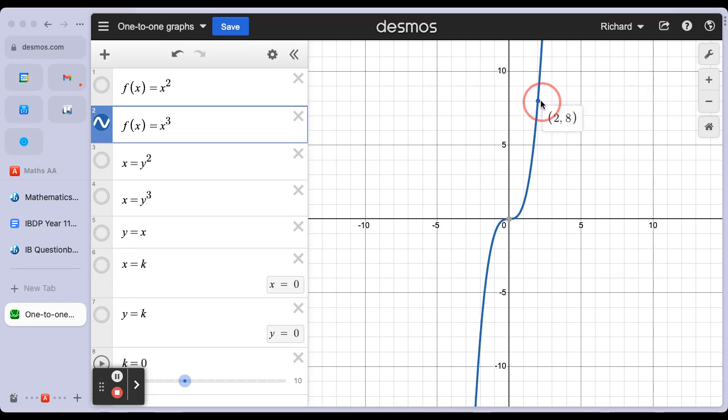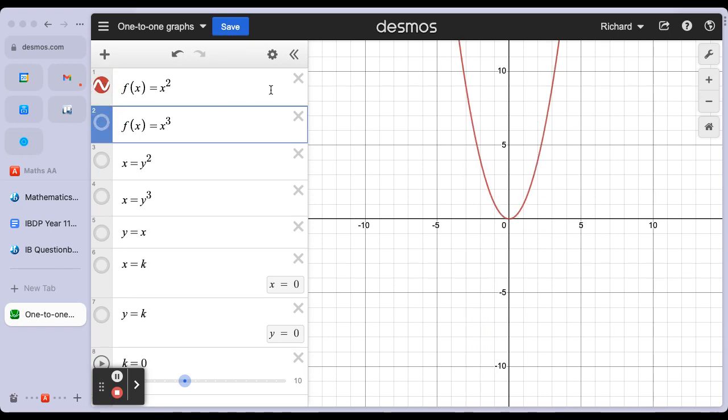But if I go to negative 2, negative 2 cubed is actually negative 8. So for a cubic, it actually is unique. For every input here, there is a unique output. For every output, there is a unique input. So it's a one-to-one function. What do you think? Does that conceptually make sense to you? That's what one-to-one means.